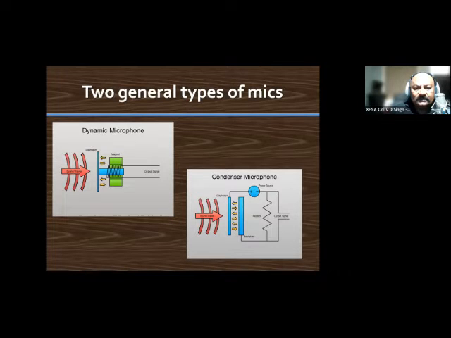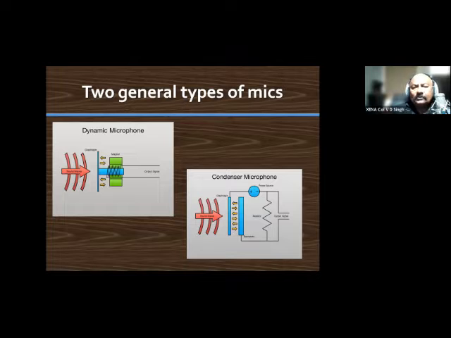That moving coil is moving inside a magnet. So its to and fro movement produces an electrical signal. Your sound waves are converted into electrical signals, and then they go for amplification.